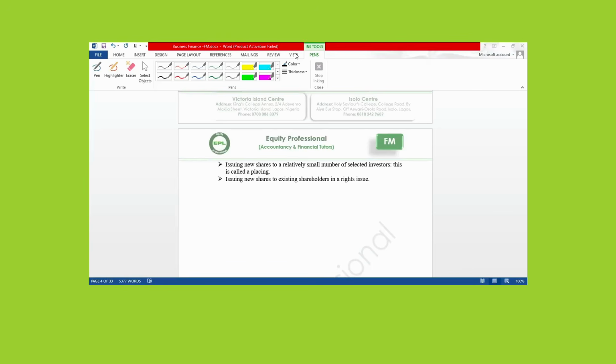Private placing, the issue cost is relatively low. A company can use private placing if the amount involved is small. If the amount you are planning to raise is a small amount.